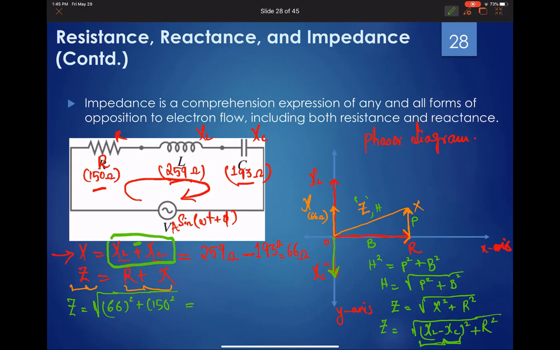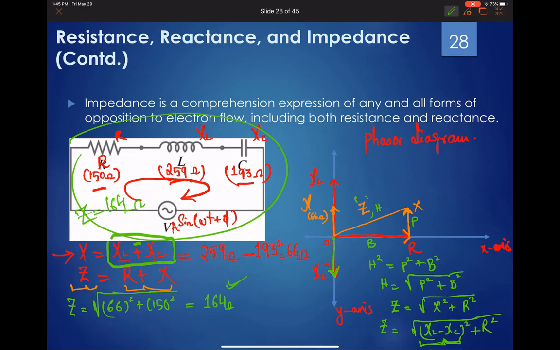If I do the math, we get 164 ohms. So that's the total impedance offered by this circuit: Z equals 164 ohms.